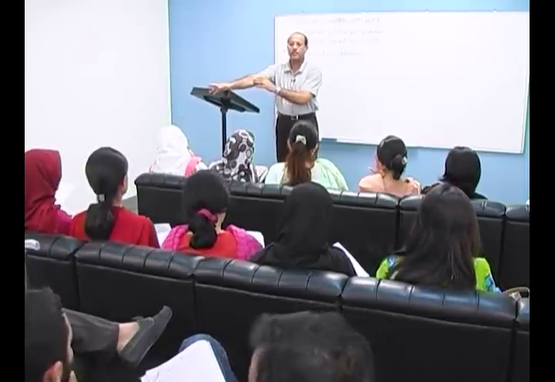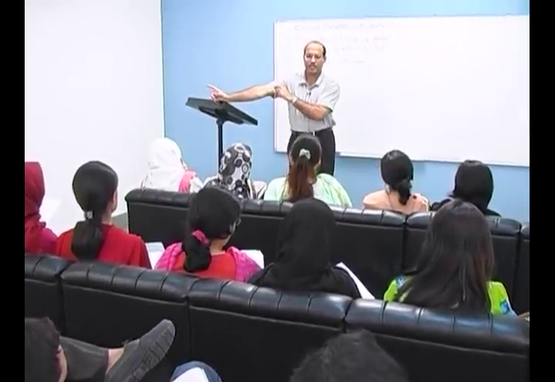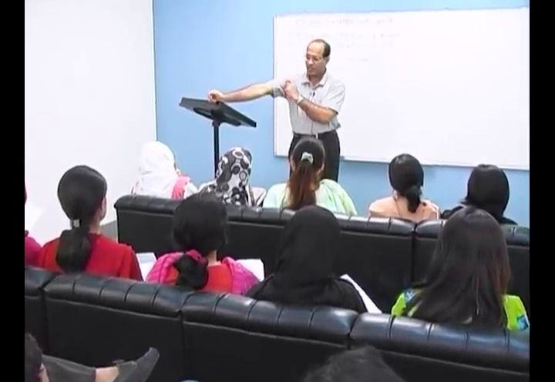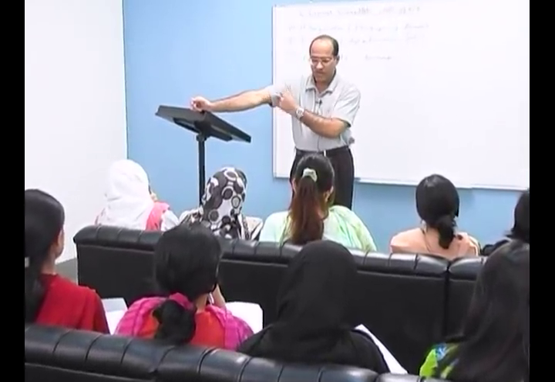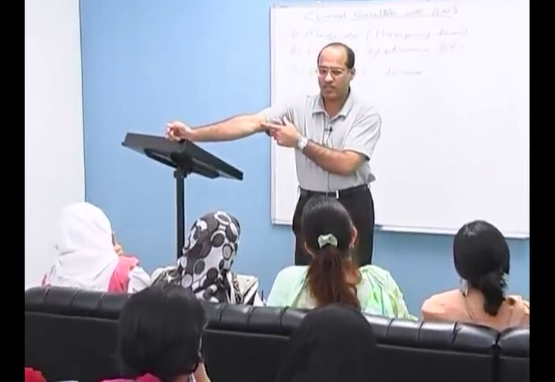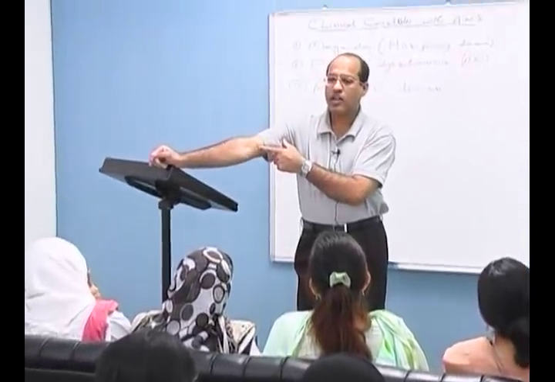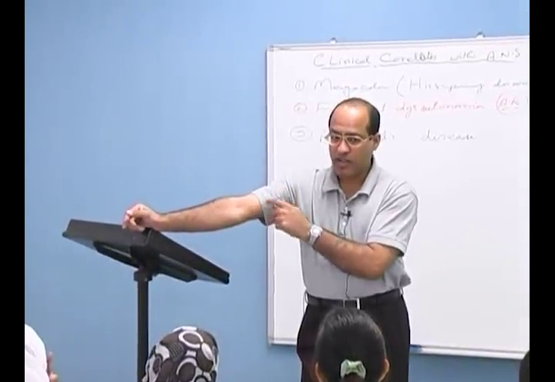Let me give you some clues. Let's suppose in arterial blood, of course this is the brachial artery, isn't it, not femoral, suppose 100 ml blood is there. In 100 ml blood, let's suppose 15 gram is the hemoglobin.